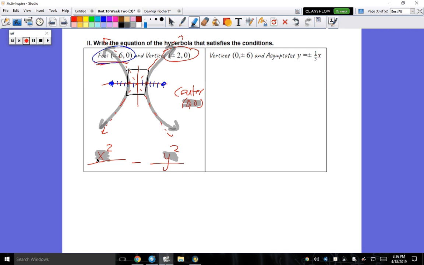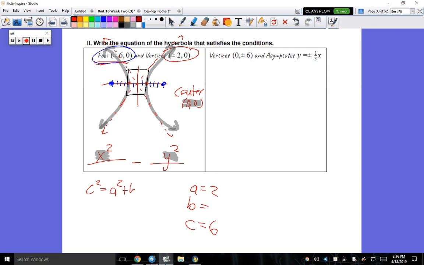Okay? Do we know a, b, or c? Which one do we know? We know a. What's a? 2. What's the next letter we know? c. It's 6. So now b is going to be found from what equation?